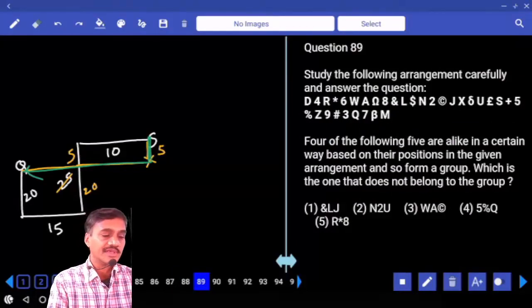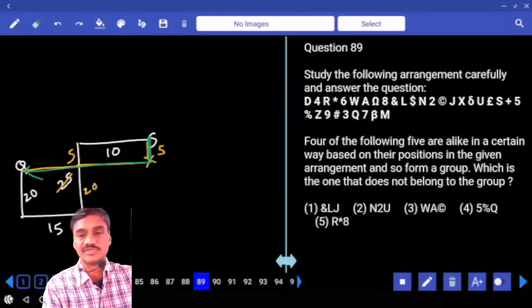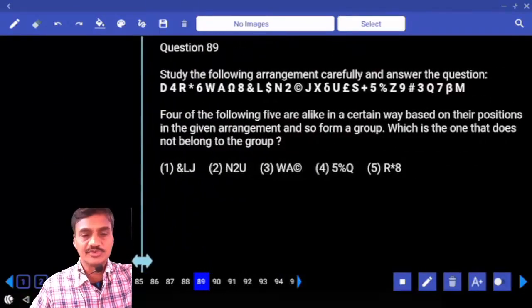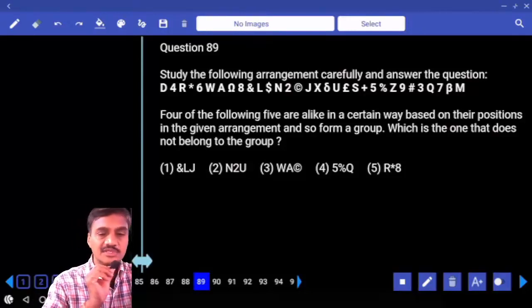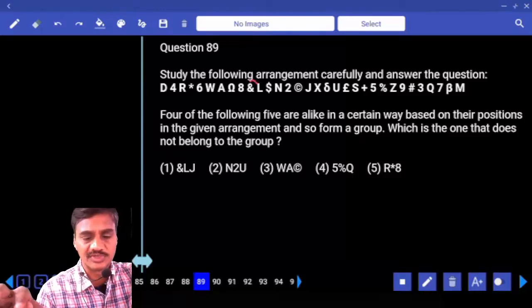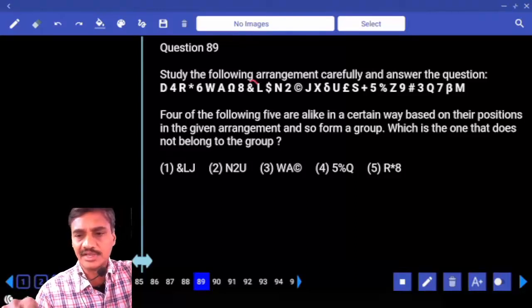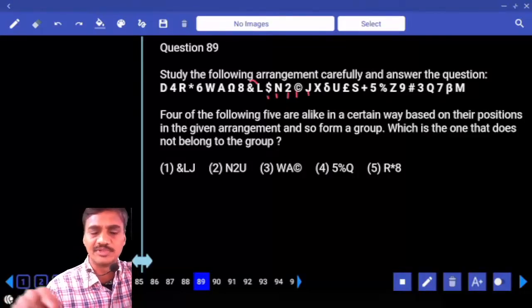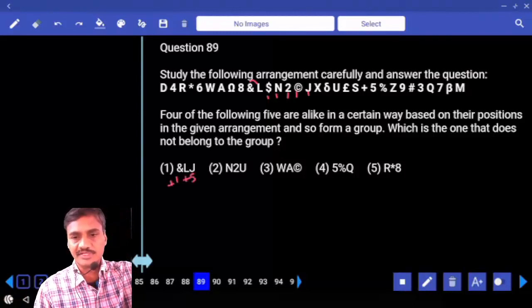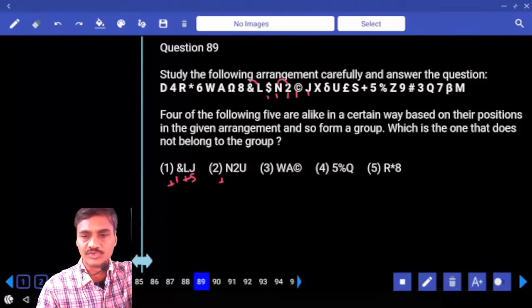Then 89 onwards, it is based on sequence. Four out of the following five are alike, so it is an odd-one-out question. We need to find the difference between the elements. The differences go plus 1, then plus 5, plus 1, plus 5, again plus 1 and plus 5.